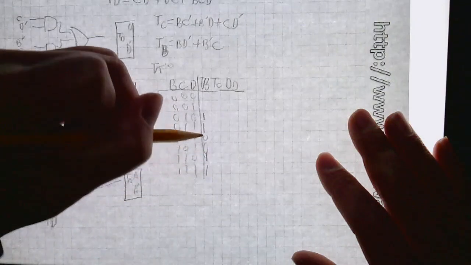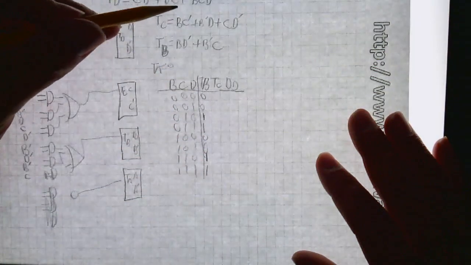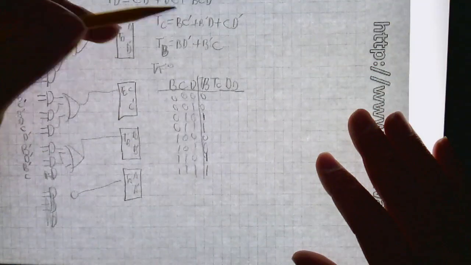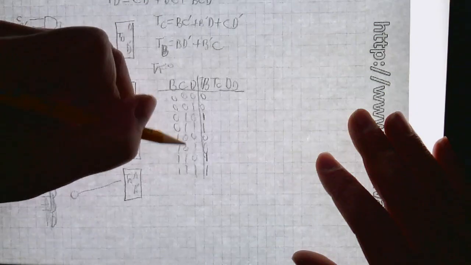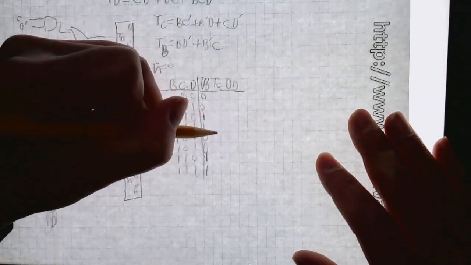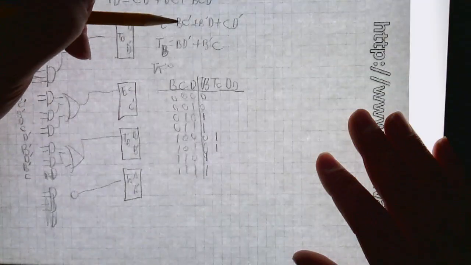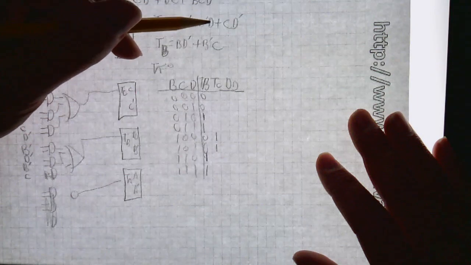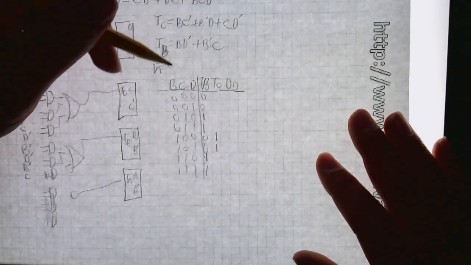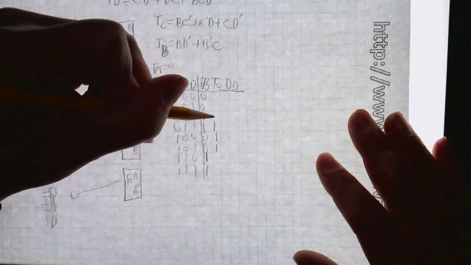All the rest are 0. Now we can do T sub C, which says B has to be a 1, C has to be a 0, so 1, 0 in the most significant 2 bits. That's these 2 rows. Then it says BC prime. Now B prime C is going to be 0 in the most significant bit and 1 in the least significant bit. 0, 1 is here, and all the rest are 0.